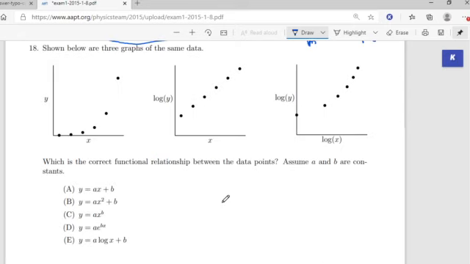Okay, what is the correct functional relation? Okay, this is actually pretty easy. This is a linear relationship, so we can say that log of y is mx plus b, and so we have something to the power of y. I'll just call it triangle.